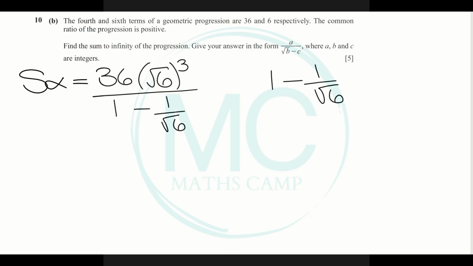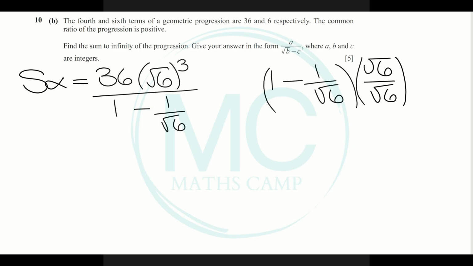And to do that, we need to multiply by a fraction that has this value in both its numerator and denominator. In this case, let's put this into a bracket, and we're going to multiply by the fraction root 6 over root 6. The numerator and denominator of this fraction have the same value, which means that this fraction is equal to 1. So our value is actually not changing.